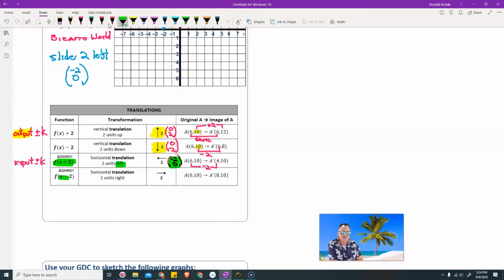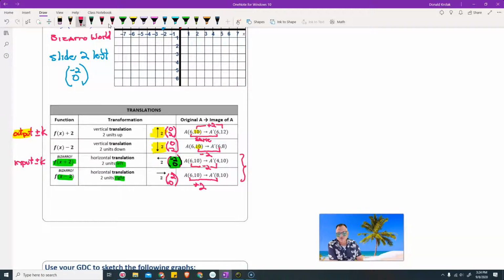That's what a left slide looks like. And now if I'm subtracting 2, it's going to slide it to the right. And as a vector, that would be positive 2, 0. And you can see I'm taking the x coordinate and I'm adding 2. Y coordinates are unchanged.